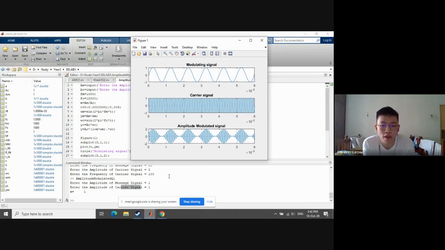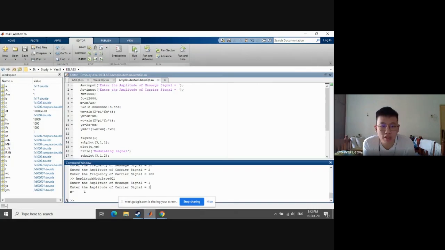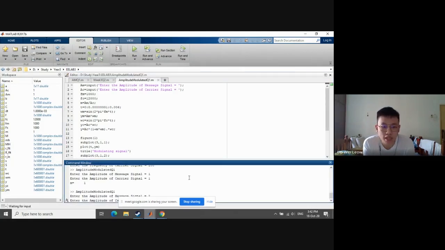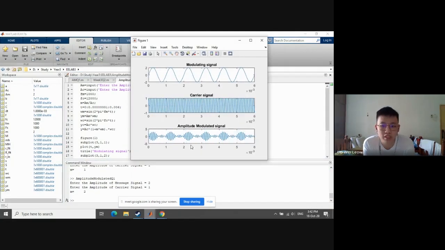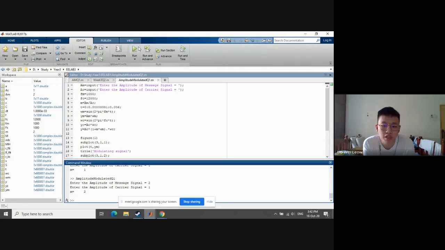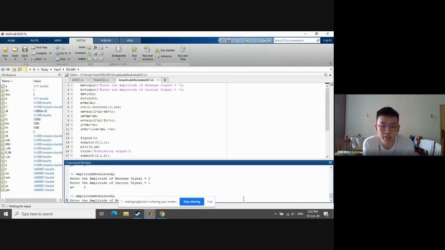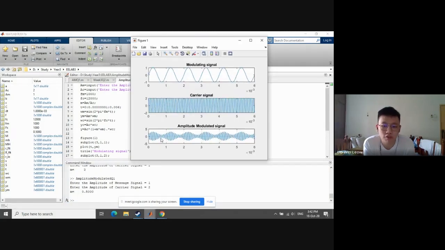And for M more than 1, which means Am greater than Ac, this is called over modulation that causes distortion of the waveform, resulting in data loss. For M less than 1, which means Am less than Ac, this is called under modulation, but no distortion of the waveform and also no data loss happens.